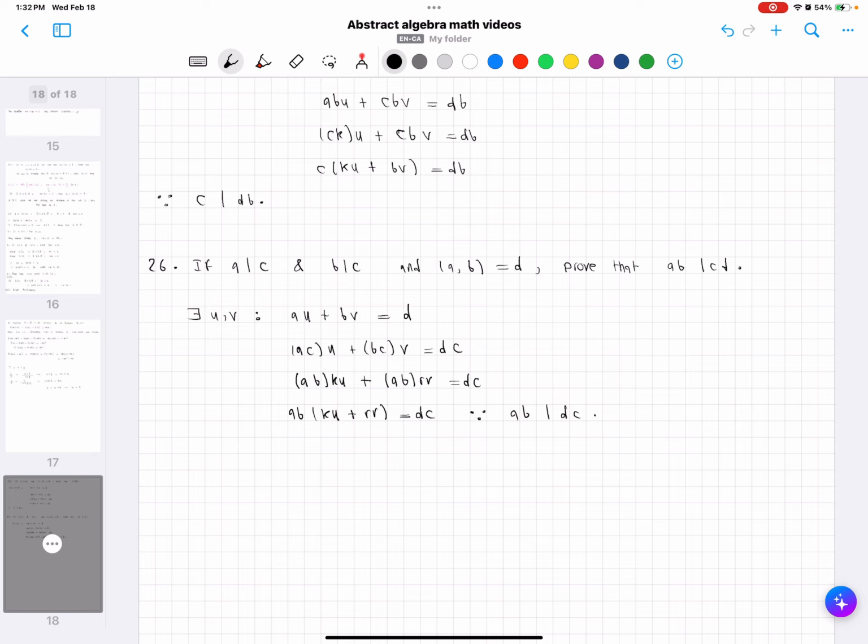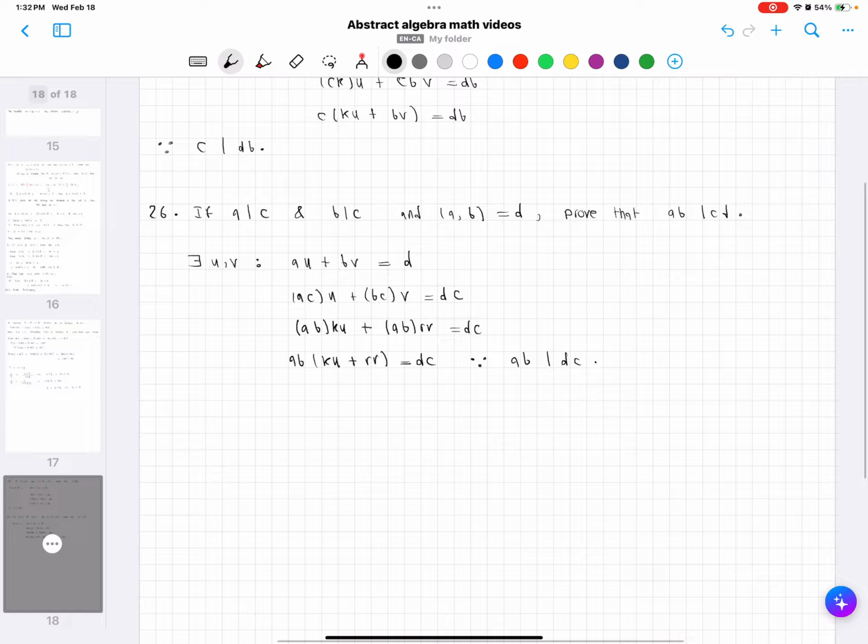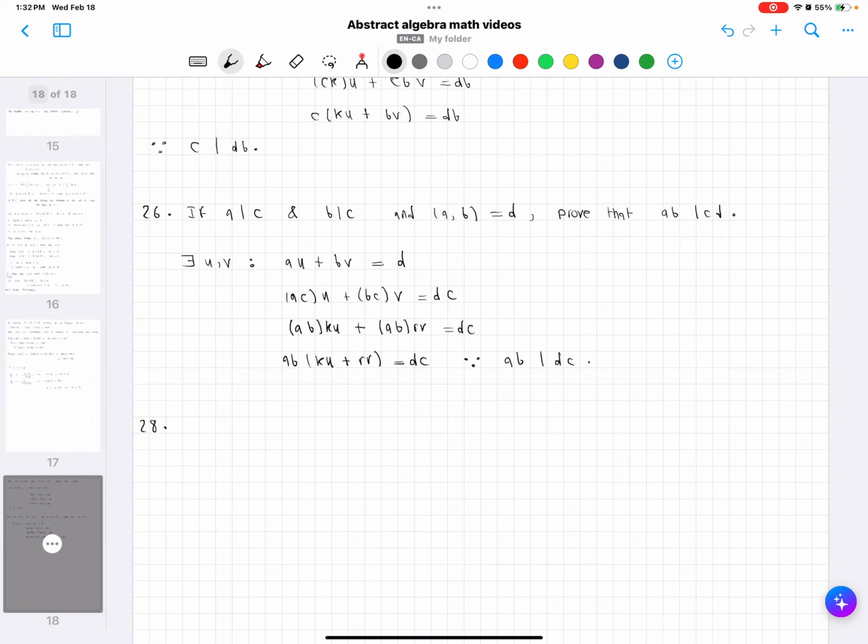All right, so let's see the following question. It's a very interesting question. You could also solve it by modular arithmetic.